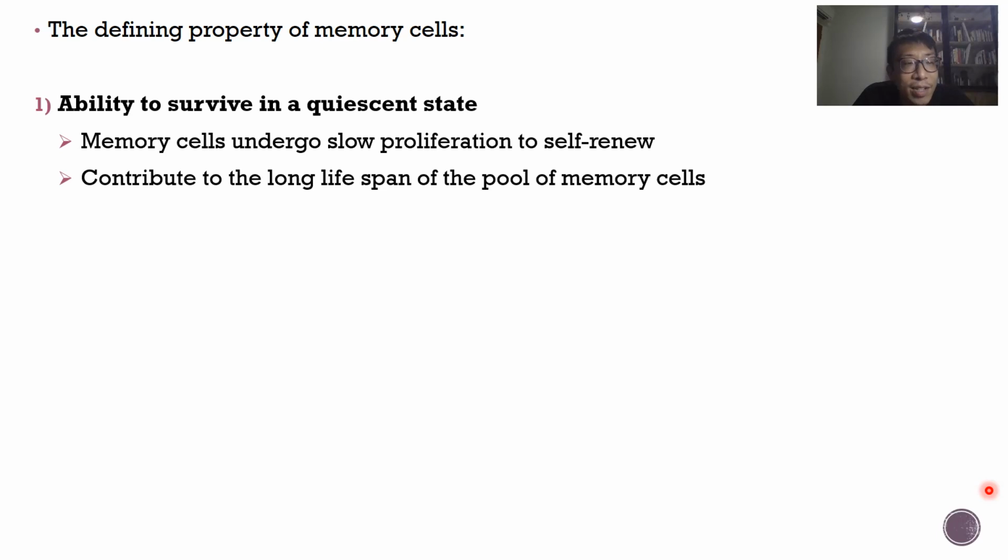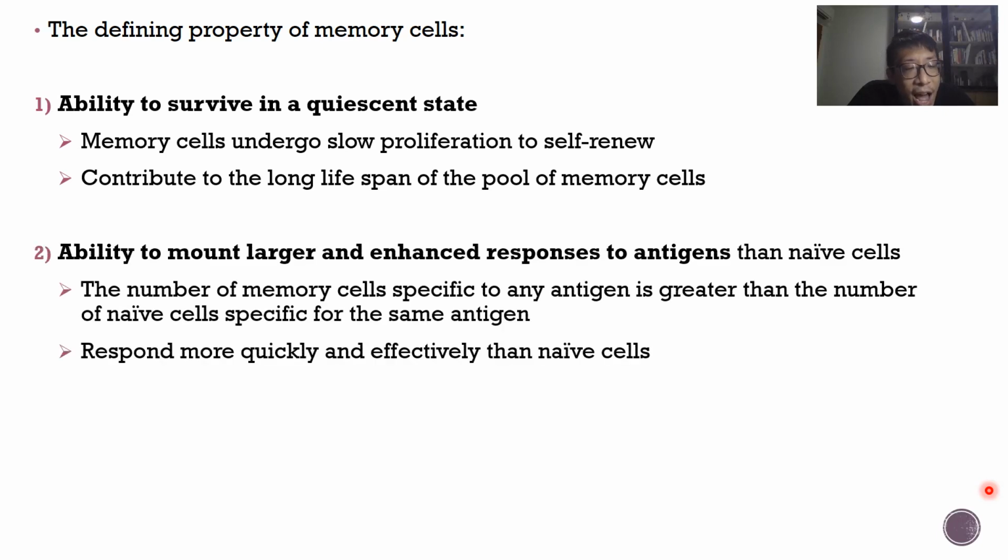They have a longer lifespan, so they divide not so frequently to renew themselves. And they are able to give a larger response to the same antigen than a naive cell recognizing the same antigen.